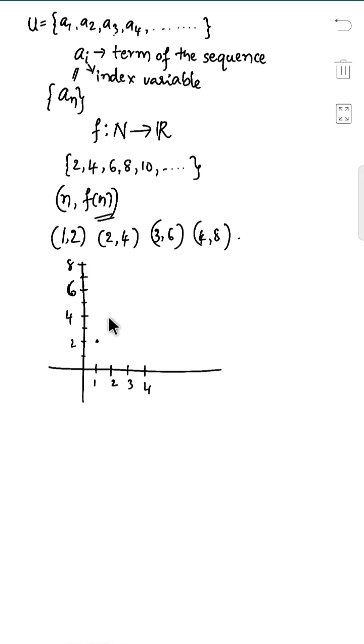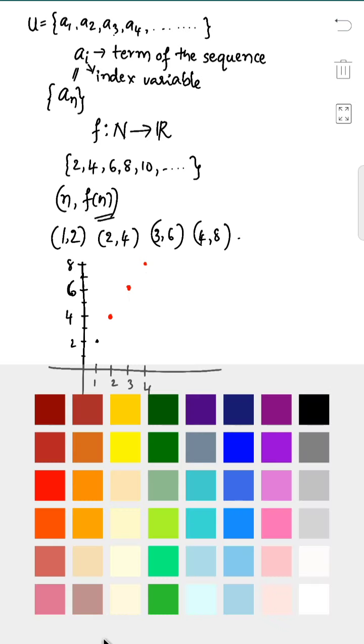So we have (2, 4), another point here, then (3, 6), another point. Next the point is (4, 8). That is how the points of the sequence can be represented. There can be a function joining all these points of the sequence. That can be another function.